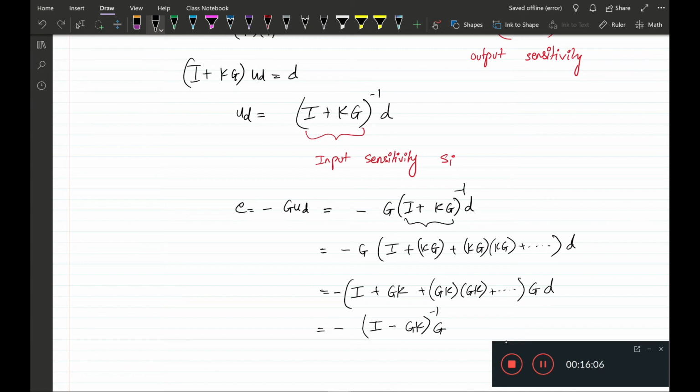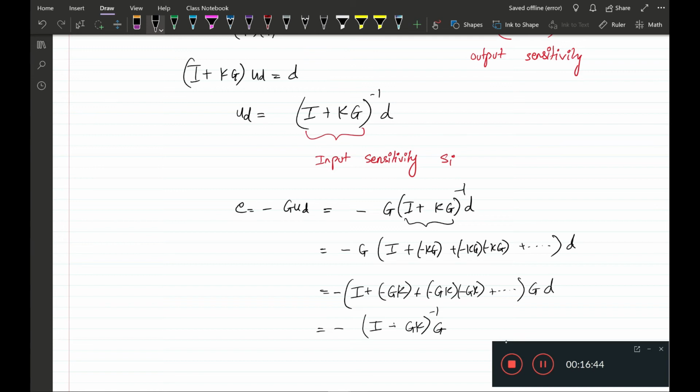Sorry, I missed a minus sign here, so I have minus KG, and then minus KG times minus KG and so on. Similarly, if I bring the G inside, I would have I plus minus GK plus minus GK times minus GK and so on, pulling the G from the right out.